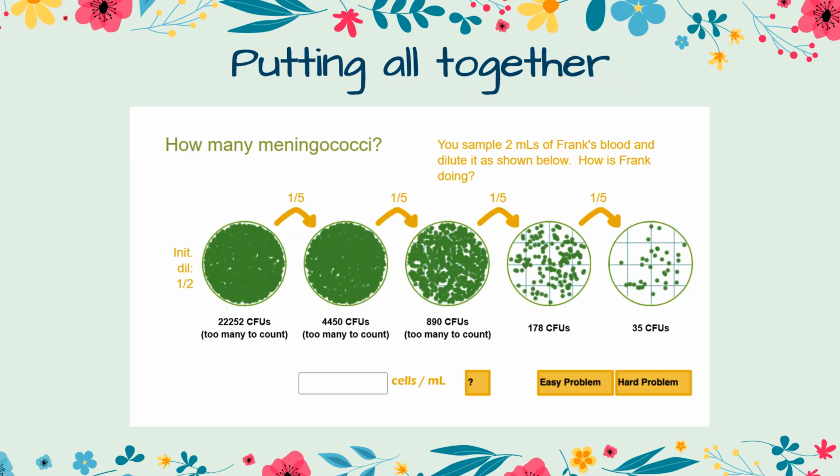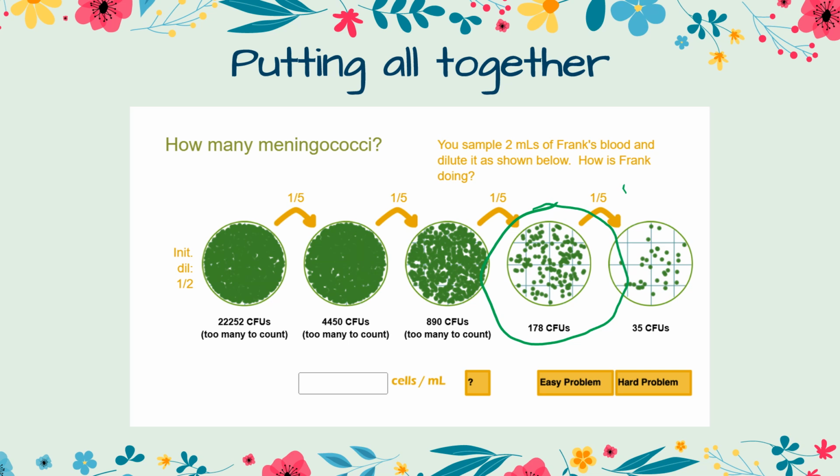And then finally, let's do one example of putting it all together and making sure poor old Frank is okay. You sample 2 milliliters of Frank's blood and dilute it as shown. How is Frank doing? So first, we want to count or pick the plate between 30 and 300. Now you can pick either one of them, but I'm going to do the easier one because I like easy numbers, and I'm going to do 178.